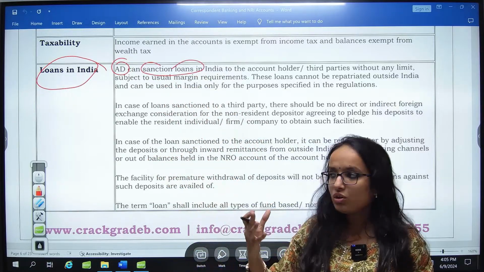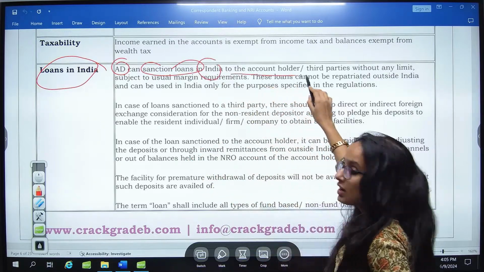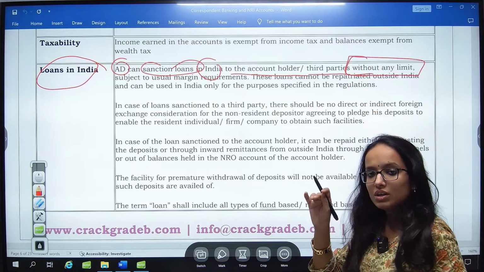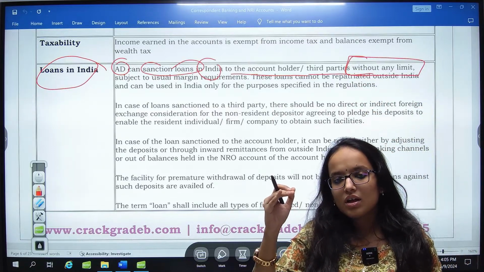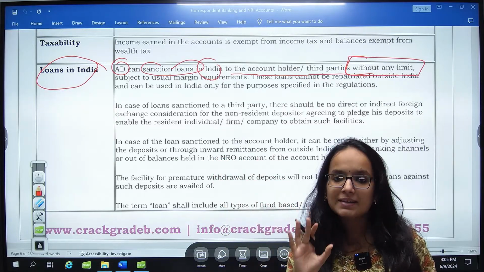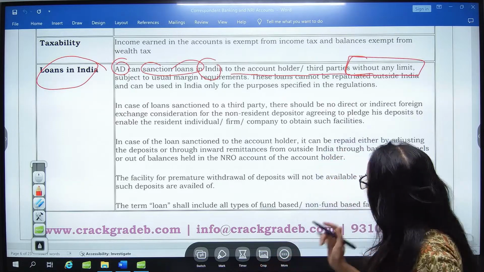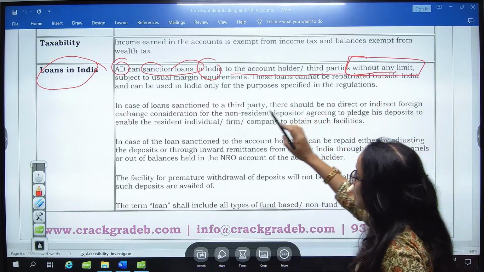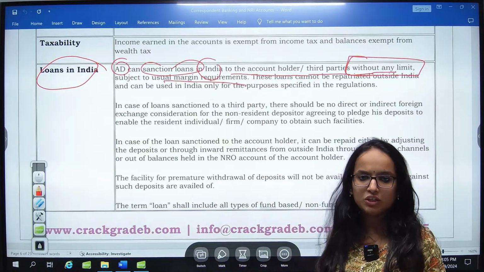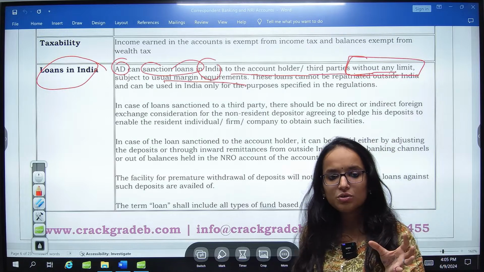They can sanction loans to this account holder in India, or to third parties, without any limit. So there is no limit on the loan amount, but margin requirement has to be adhered to. Remember, margin requirement has to be adhered to. So without any limit, subject to usual margin requirements prevailing in the domestic banking system. What is the usual margin requirement?